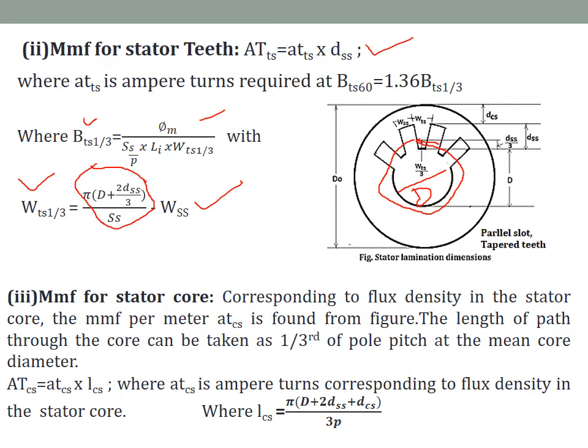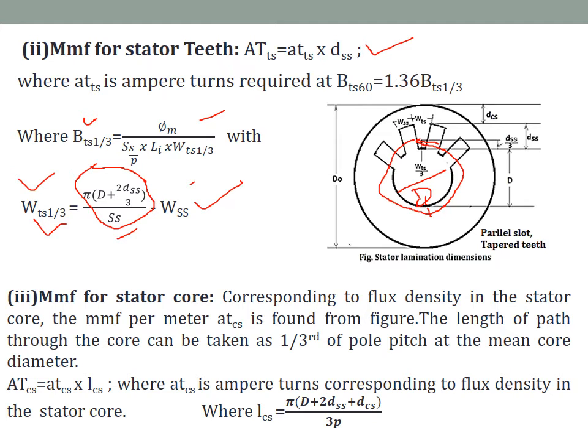Now this is 1/3 height on this side and 1/3 height on this side. So D plus 2 times 1/3 height, that is 2 dss by 3, divided by Ss, minus Wss. This will give the width of the stator teeth at 1/3 height.